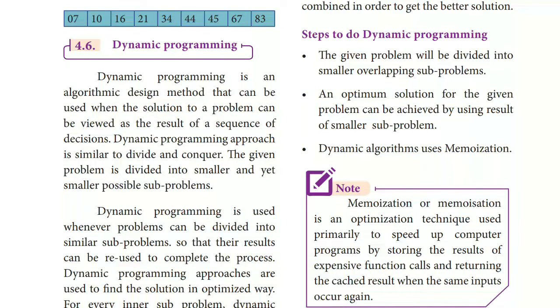The next point is that the dynamic programming approach is similar to divide and conquer. The given problem is divided into smaller and yet smaller possible subproblems, so that it is very easy to handle and to take decisions in an easier way.